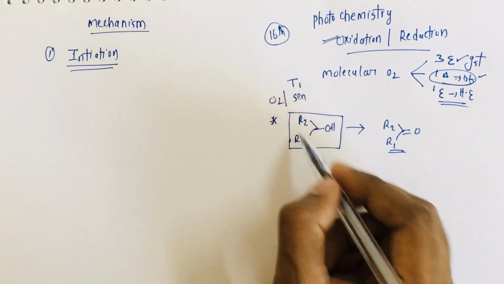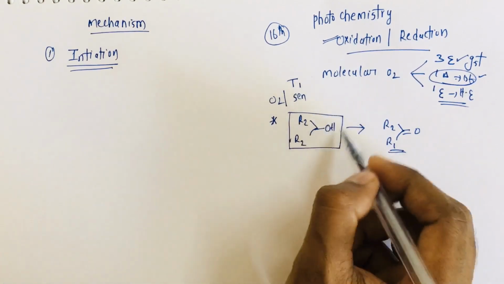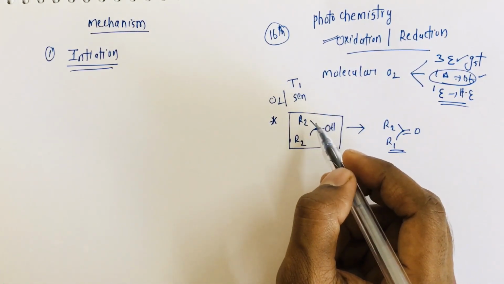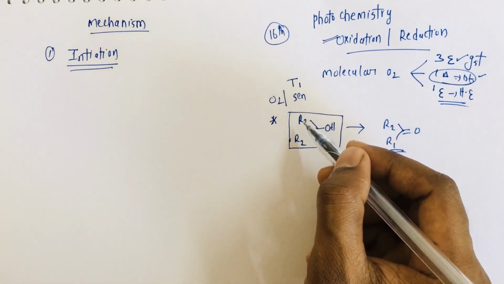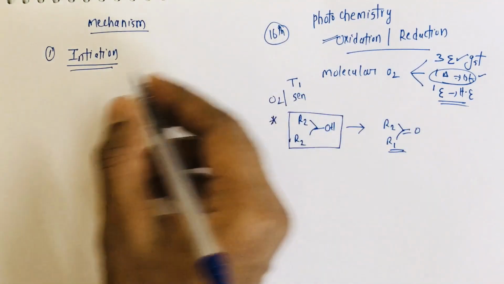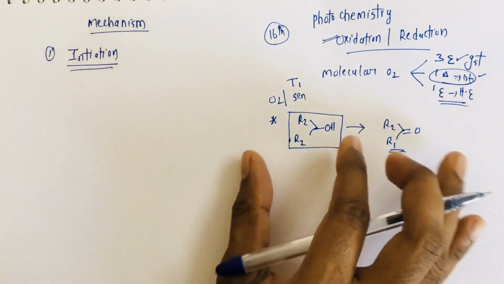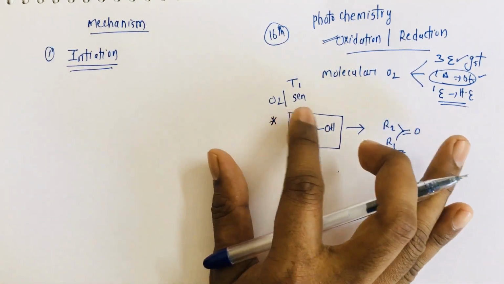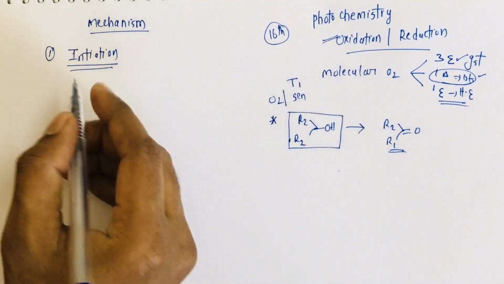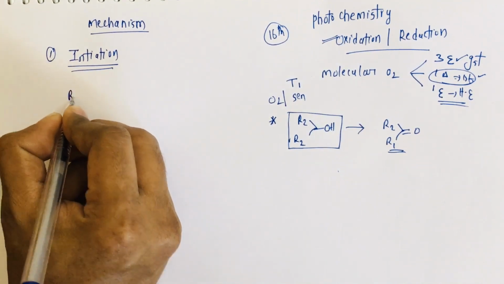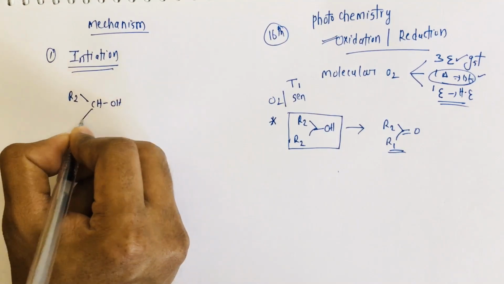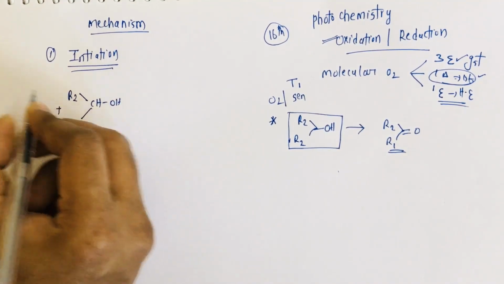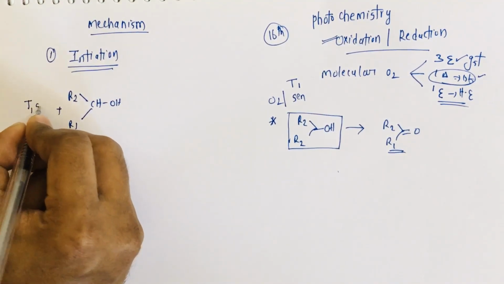When we irradiate this compound, it goes to the triplet state. So first we irradiate this compound with oxygen and triplet sensitizers. Now we have R2, CHOH, and R1, and here we have a triplet sensitizer.